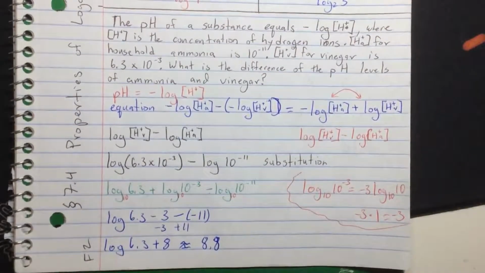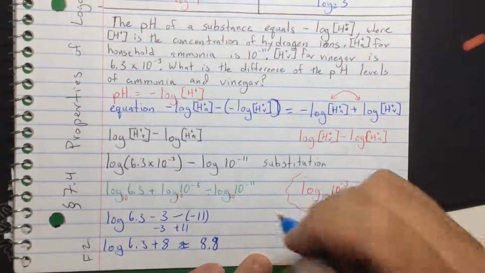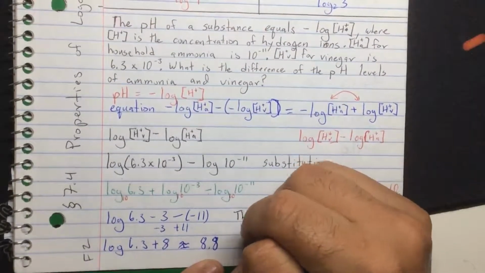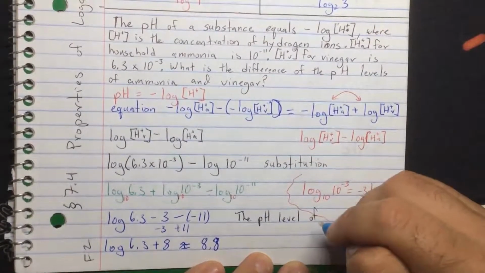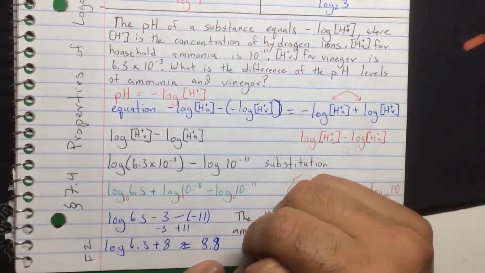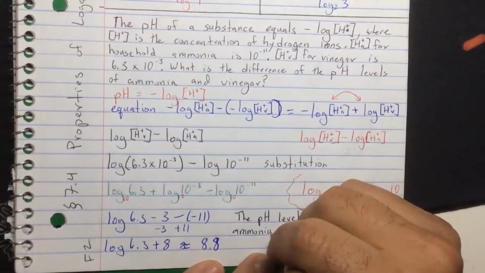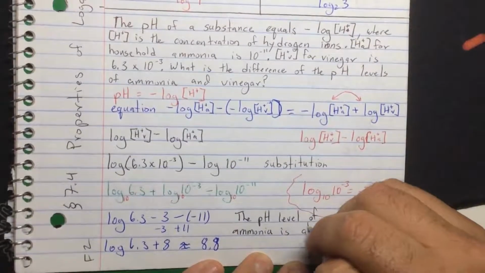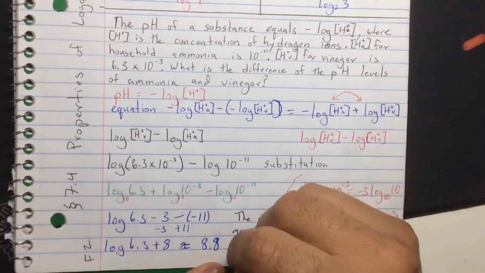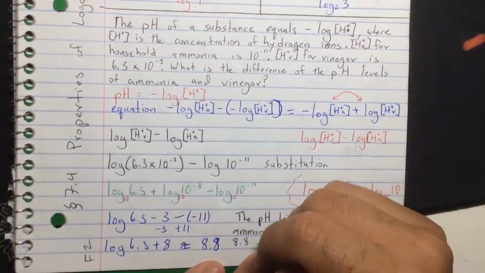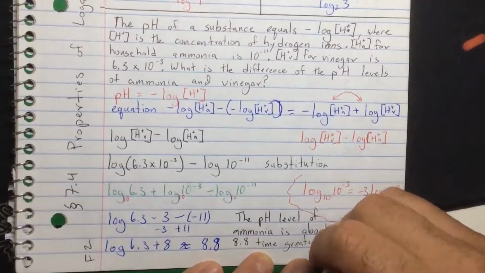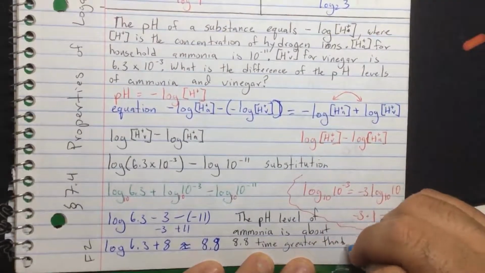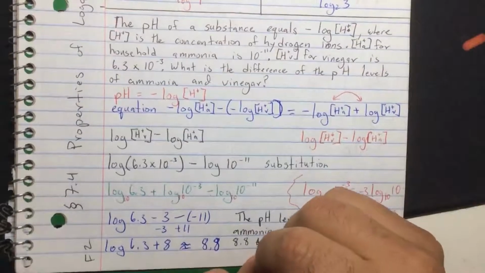8.8. But once again, this is a word problem, so we're going to write this. It's going to be the pH level of, and I think we were doing ammonia first, ammonia is about, because we rounded, 8.8 greater than, not times, it's just 8.8 greater.